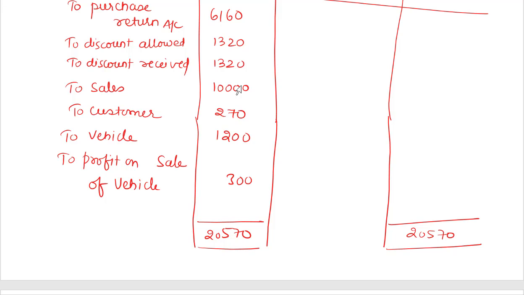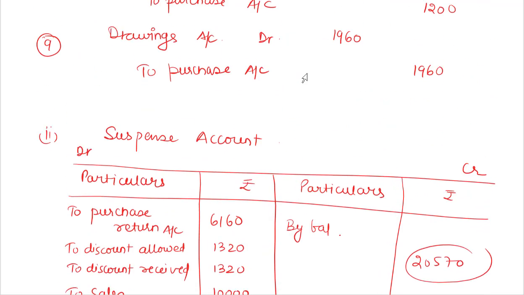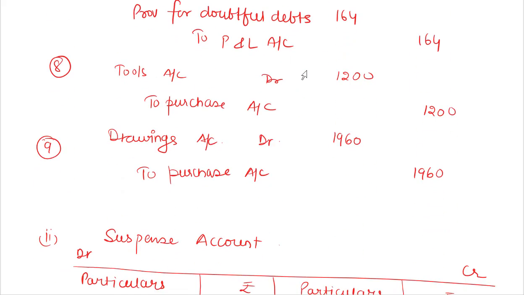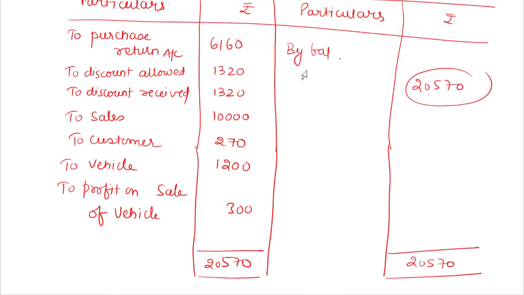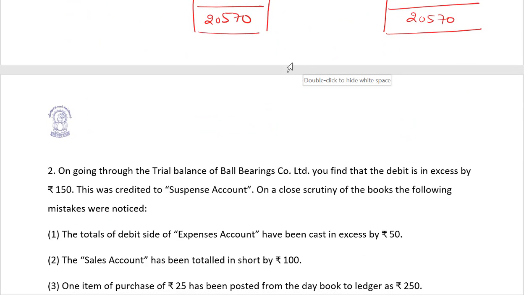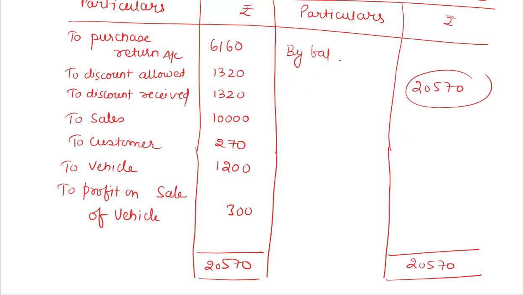We will put it on the credit side. 20570 by balance. I hope it is clear.